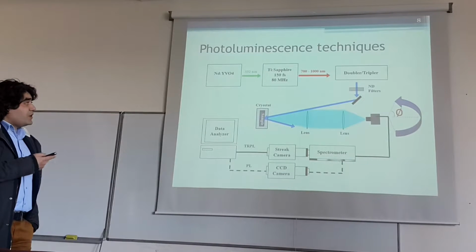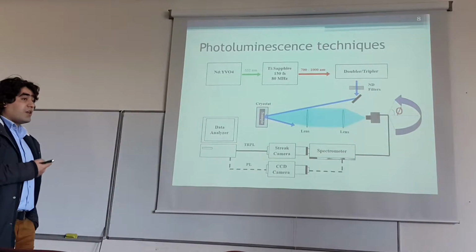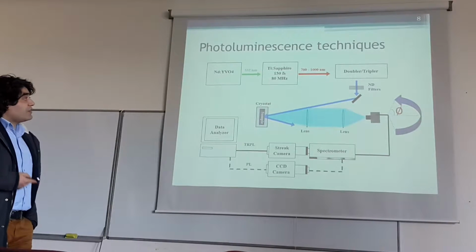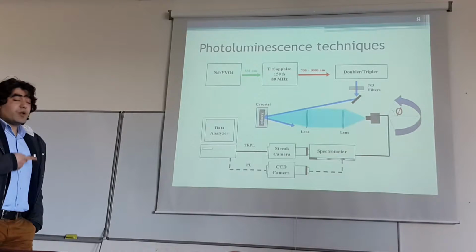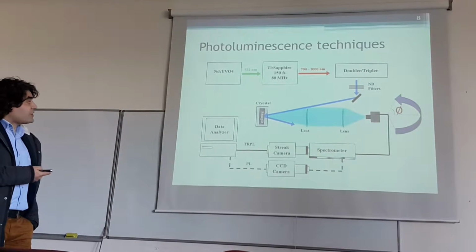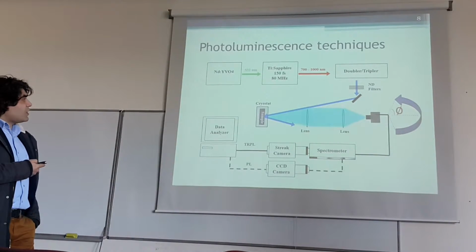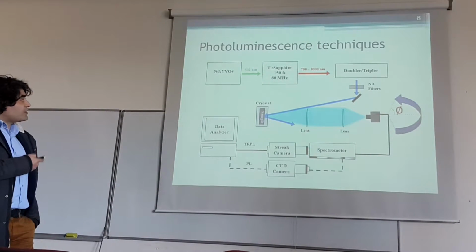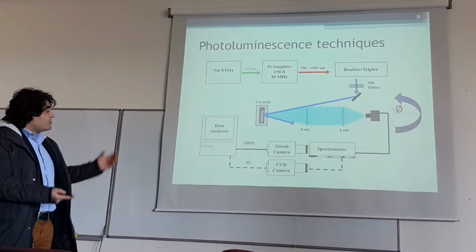We use a doubler tripler, which has a nonlinear crystal inside, and it doubles the frequency of the light, which is needed to resonantly excite the quantum wells. This is 400 nanometer, if we use an 800 nanometer laser, and the sample is mounted in a cryostat, so we can change the temperature.